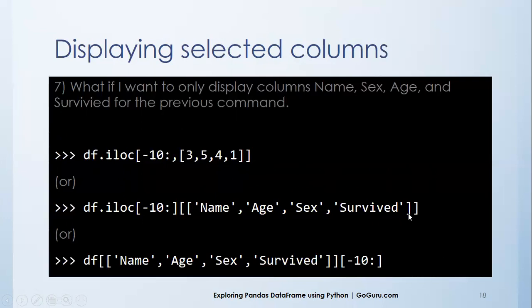If you give just one bracket, you'll get a key error. It's a friendly key error. So anytime you want to list specific columns, you have to give double square brackets. And the same thing can also be accomplished using the following command.